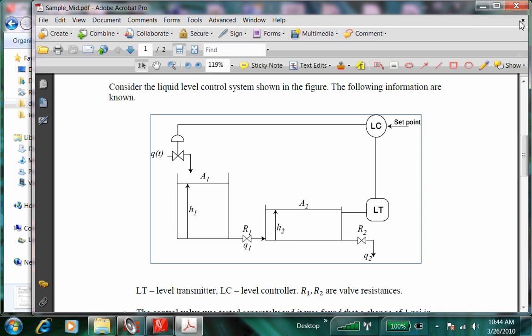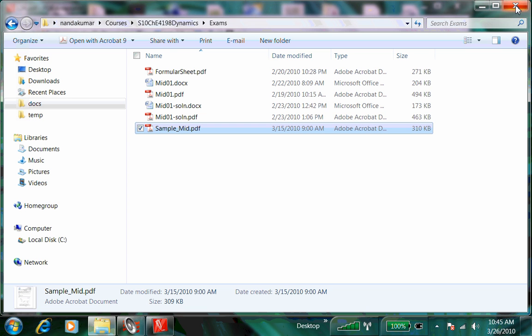Any other questions? So you know my style of exam from the first midterm exam, and you know the content. You should be very familiar with, given a process model, identifying whether it's linear or nonlinear.